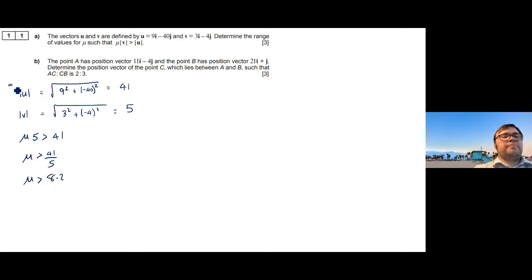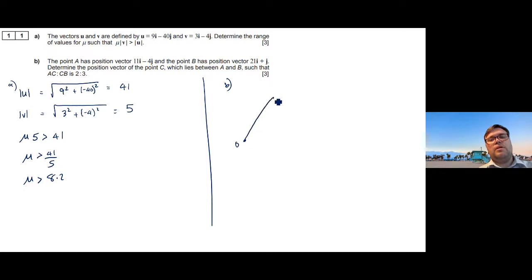And that's part A. For part B, the way I use these unit vectors is, there's my origin. There is A in this case. There's my origin, and there is B. A dotted line going across there.